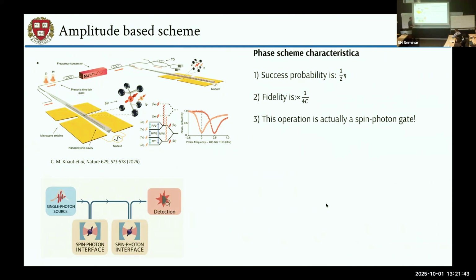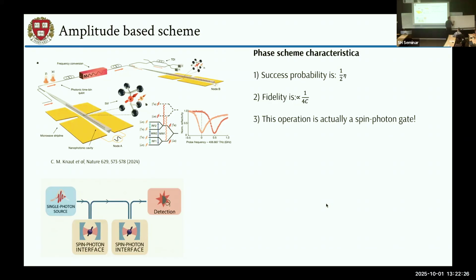And the key thing here is that this operation that we're doing is actually a spin-photon gate, rather than before where we had this probabilistic entangling operation, right? That only if we're in the right state we would entangle. What we're doing here is actually a deterministic operation. You can think of a gate between a photon and a spin in the sense that if I, for example, go in the Fock space encoding and say 0 photon, 1 photon is my qubit on the photon side, and I still have the 0 and 1 spin states, then what does this gate do?